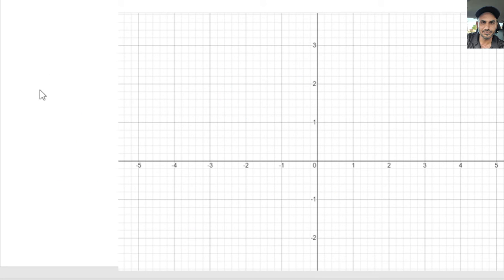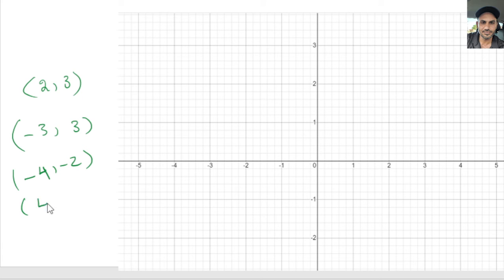Let's plot (2, 3), (-3, 3), (-4, -2), and the last one is (4, -2).